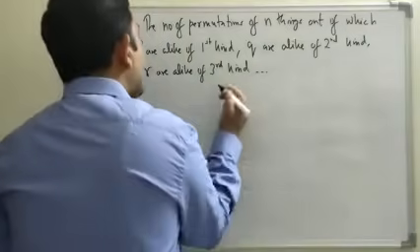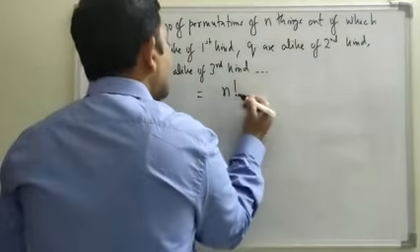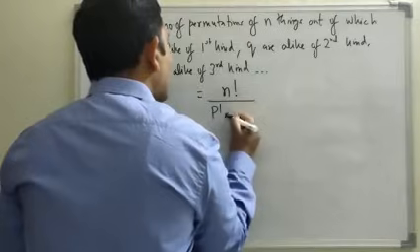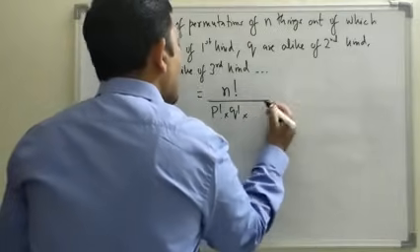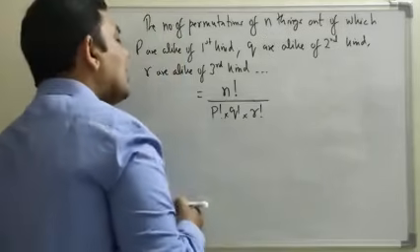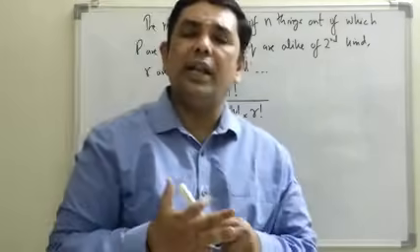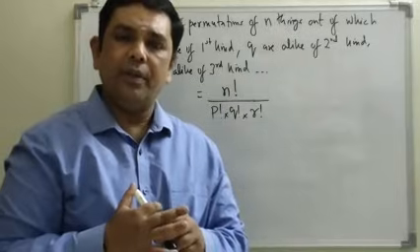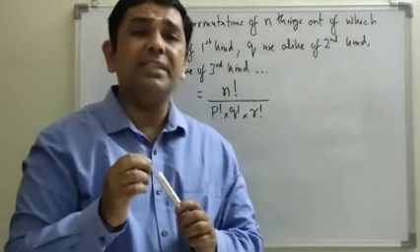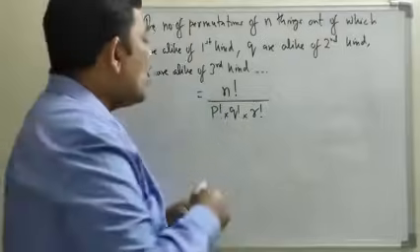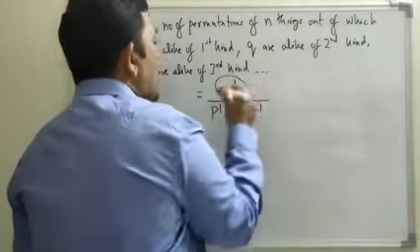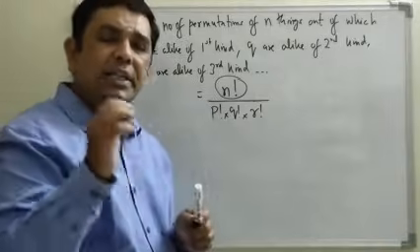So the number of permutations or the number of arrangements is n factorial divided by p factorial into q factorial into r factorial. That is, as compared to a normal case where we use n factorial, what is the change?